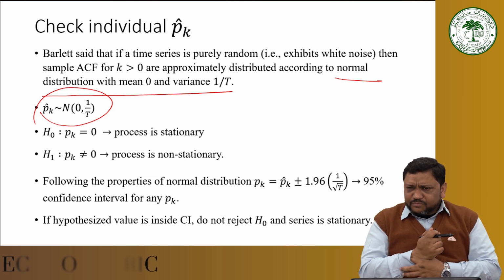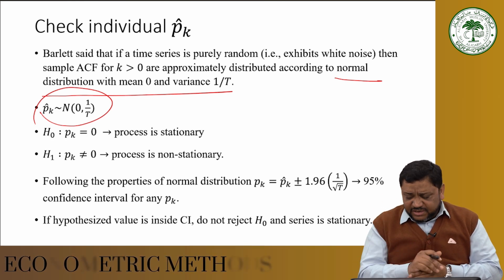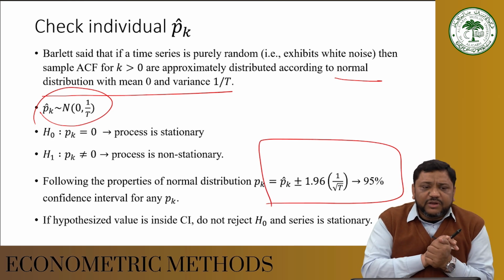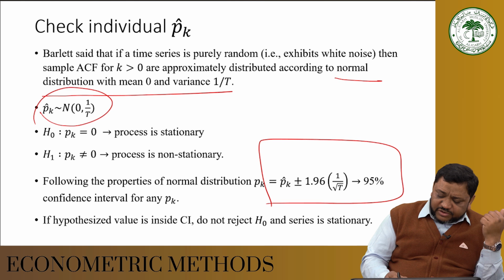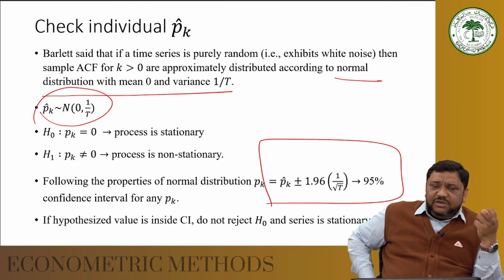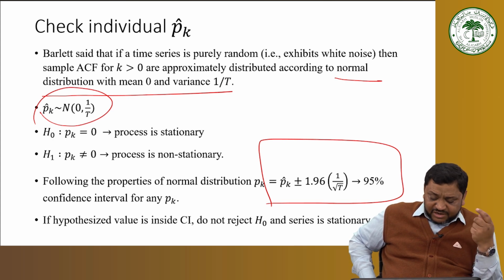So using the concept of the normal distribution and the t-table values, they defined a confidence interval for any rho k. It is rho k hat plus minus 1.96 multiplied by 1 divided by under root T, for the 95% confidence interval. Normally we take a 95% confidence interval.